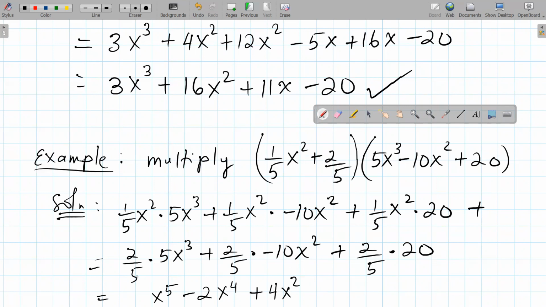If I come here, the 5s are going to cross out, so I will be left with 2x cubed. Here, 5 will go into -10, -2 times that will give you -4x squared. 5 goes into 20 4 times, 4 times 2 will be 8.